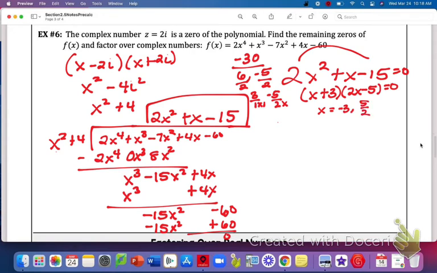All right, so what we're trying to do, find the remaining zeros and then factor it completely. So my zeros are the original 2i, negative 2i, negative 3, and 5 halves.